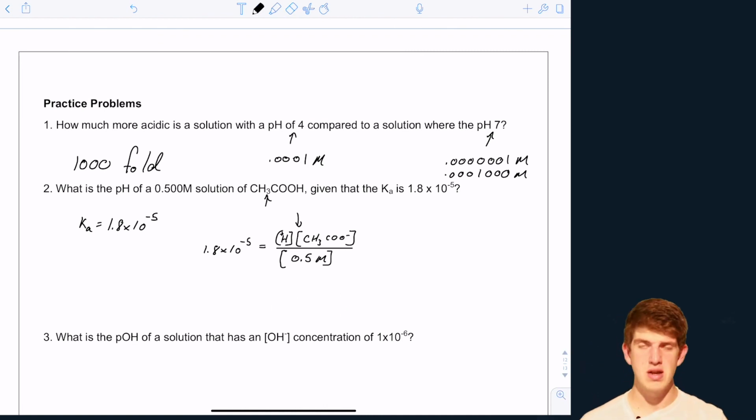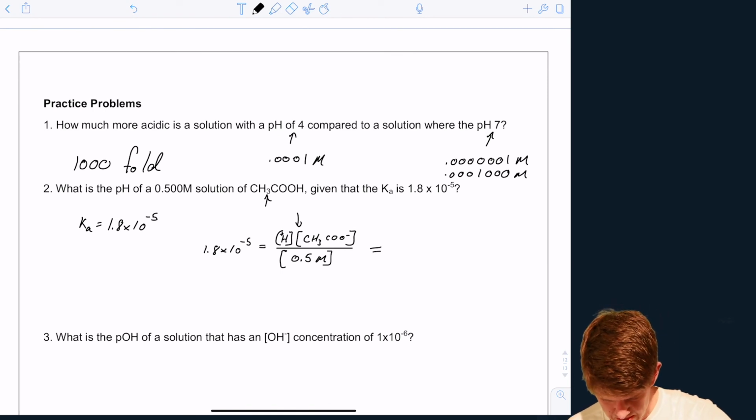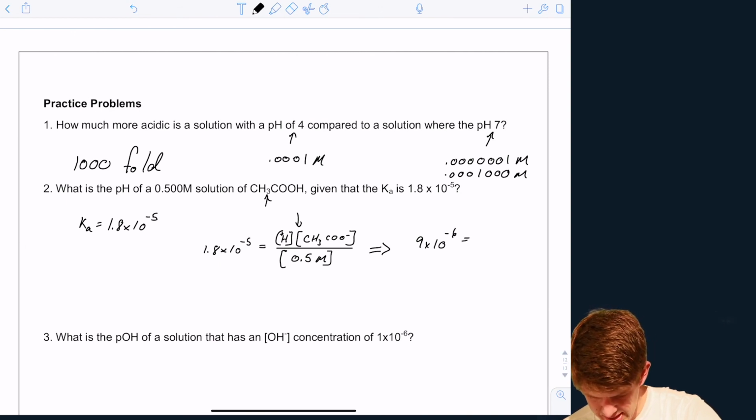So the starting solution is still the amount that we have after the dissociation took place. So 1.8 times 10 to the power of negative 5 times 0.5 is equal to 9 times 10 to the power of negative 6, which is equal to x squared.